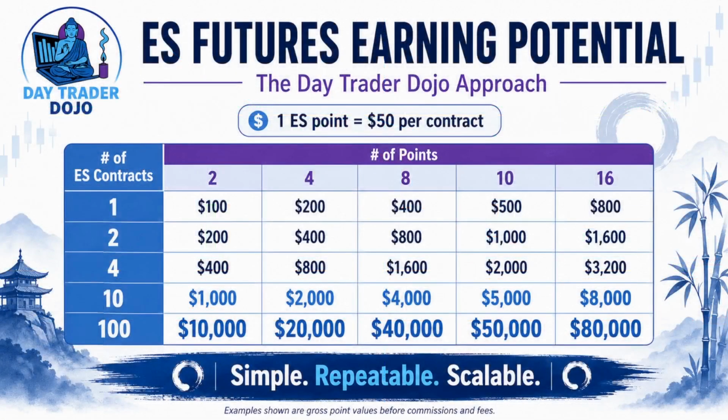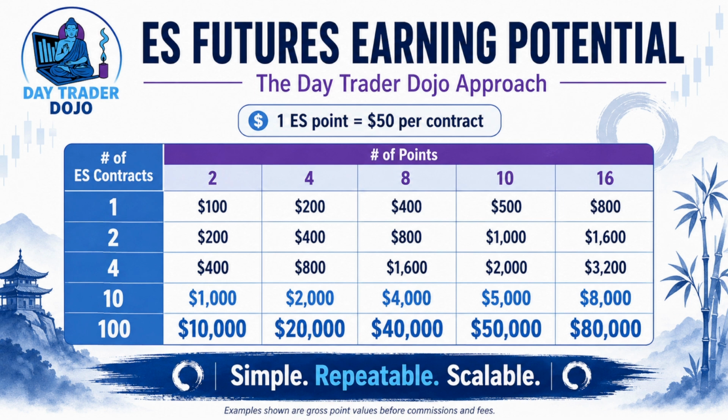Our job is to extract points out of the market. So let's say you buy something at 100 and you sell it at 104, you just made 4 points. So that's 4 points right here. If you had 2 contracts, those 4 points would equal $400. That would be your profit, and then you have to subtract commissions, which are pretty minimal.